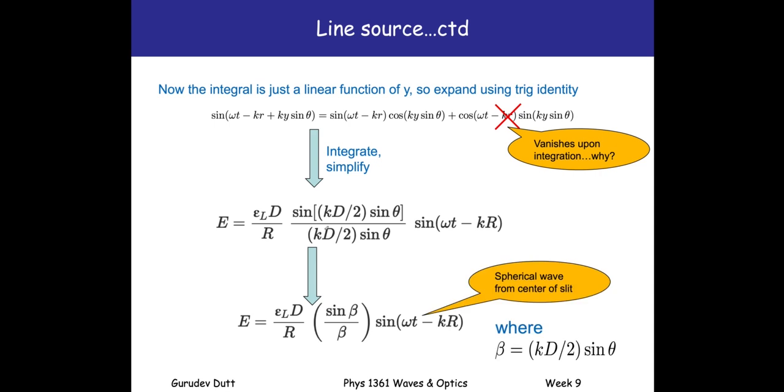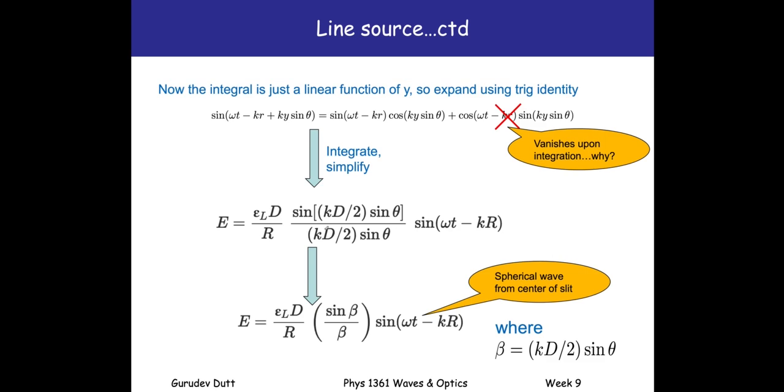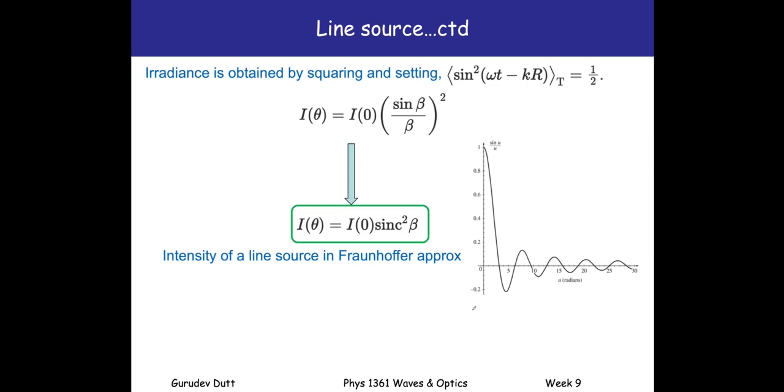And as I already said, this other part is just a spherical wave from the center of the line source. The irradiance is obtained by squaring, and the average of sine squared of omega t minus kr is just set to half, and we get that I of theta is I of 0 times sine beta over beta, the whole squared.